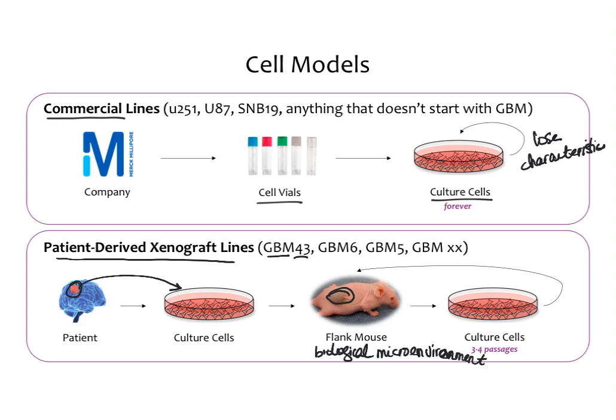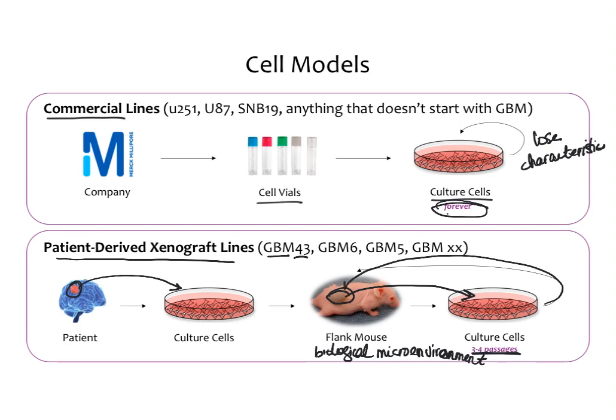And then we remove the cells from the flank and put them into a dish, and we're able to culture these cells. The problem with these cells is we can only use them for about 3 to 4 passages. Some people say you can use them for about a month or 2, but the point is that there is a significant limit on how often you can passage them. Whereas these cells you could culture forever, these cells have a limit. And then once you reach that limit, they need to go back into the flank.